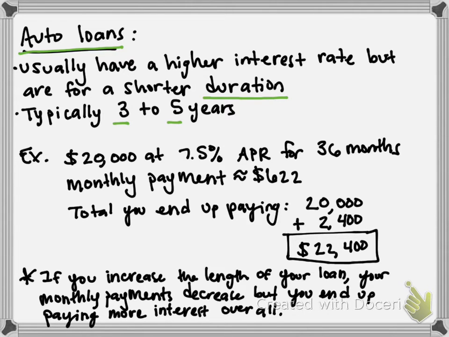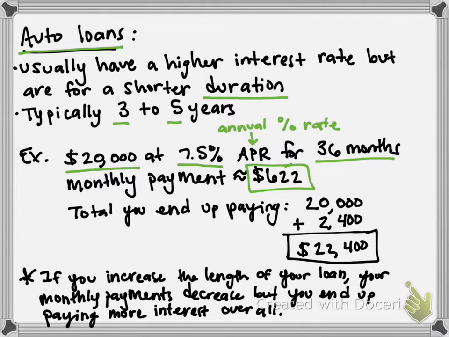So let's say you bought a $20,000 car and you had an interest rate of 7.5%. APR stands for annual percentage rate. And so you're paying 7.5% APR for 36 months. How many years is 36 months? 3 years. So this adds up to a monthly payment of about $622.